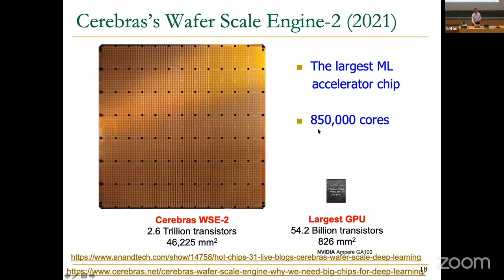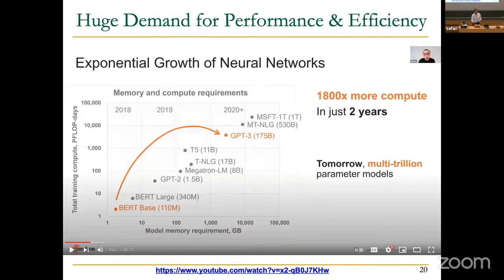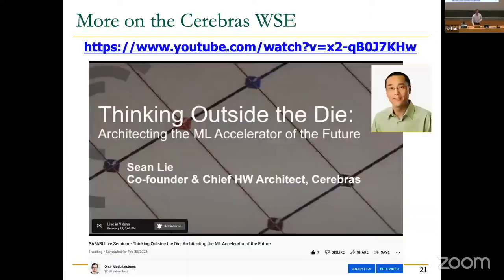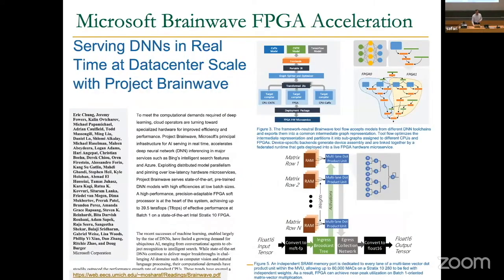And this has large amounts of on-chip memory, 40 gigabytes of SRAM on top of the chip. So they're putting large amounts of computation and memory together. But this is a different approach, clearly, compared to systolic arrays. And you can learn more about this in this talk that was delivered by the CEO or CTO of that company.